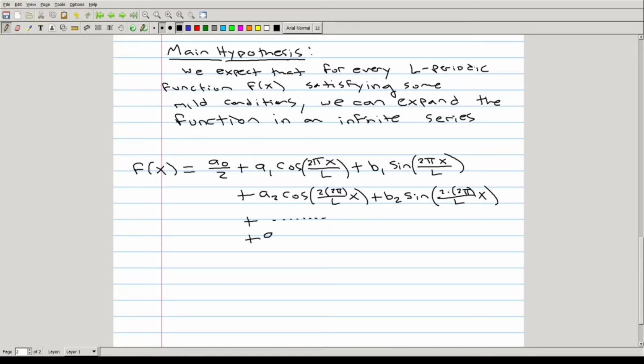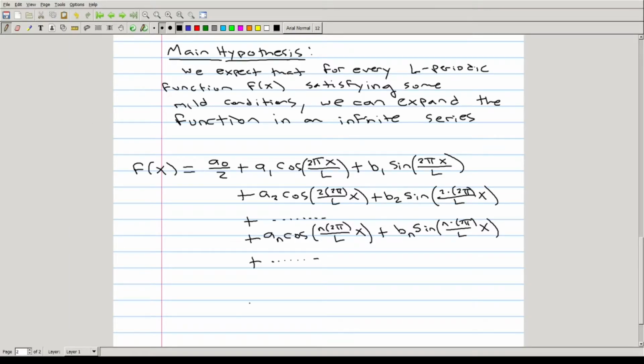All the way up to an cosine of n times 2 pi over L x plus bn times sine of n times 2 pi over L x, all the way to infinity.